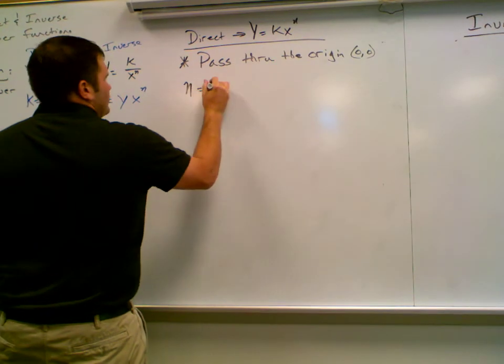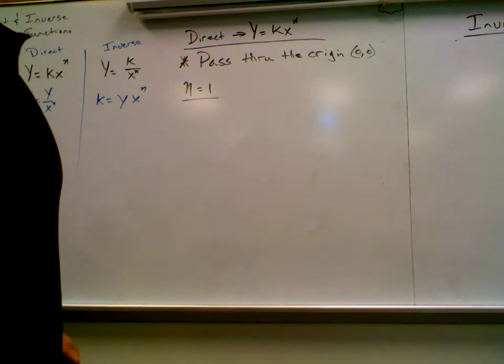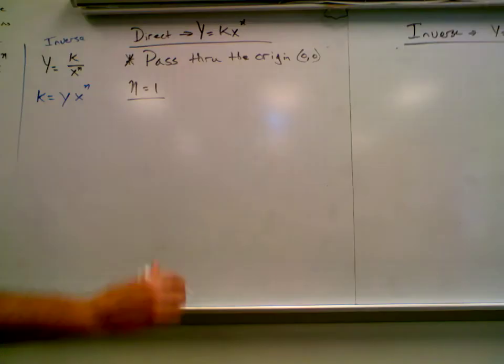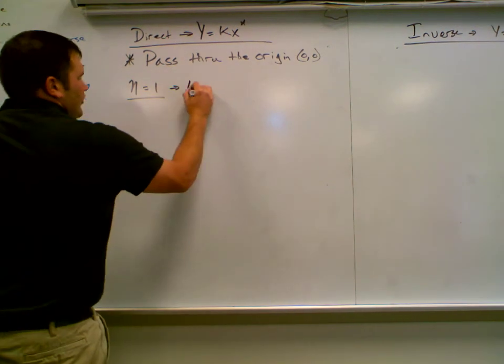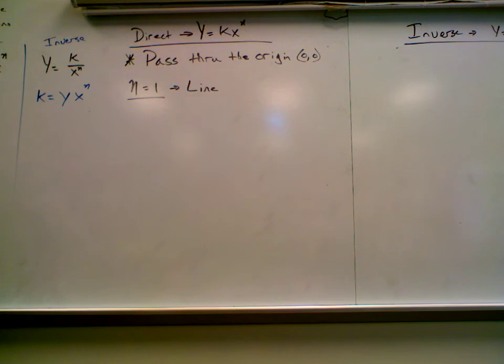So when n equals 1, what do we get? We get a line. When n is 1, we'll always get a line. So if I just have y equals kx, n is 1, we'll get a line.